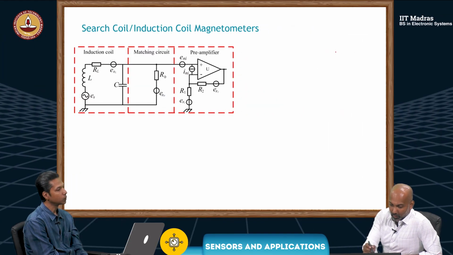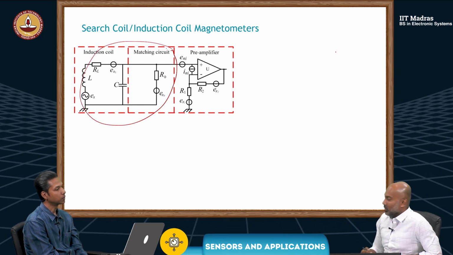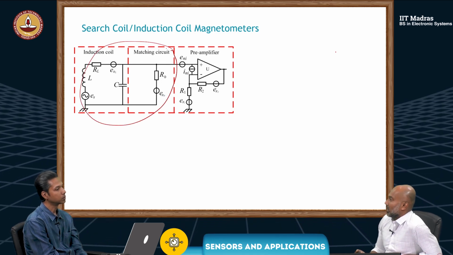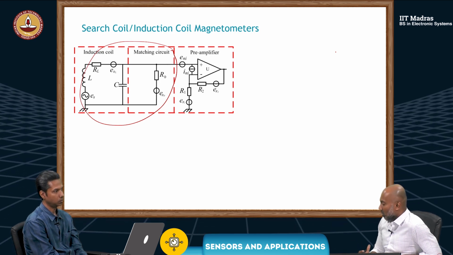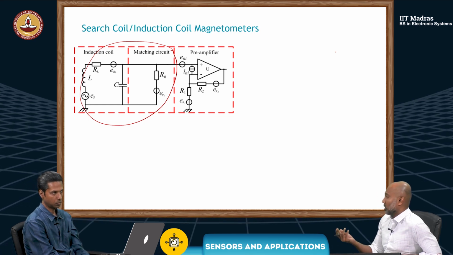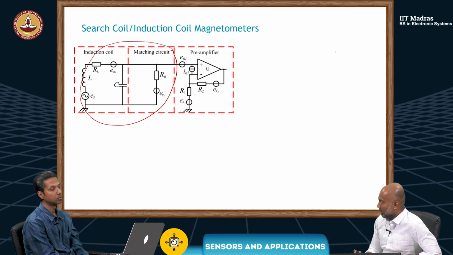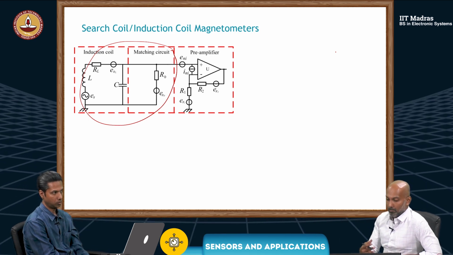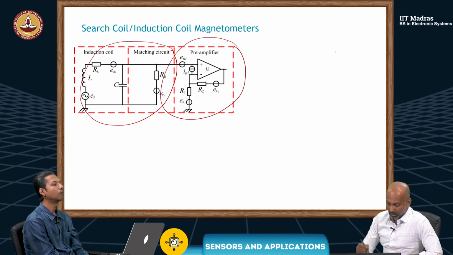Now, we studied about this part, right? Generally what happens is you get a signal and you normally have to somehow amplify that signal, because your signal could be very small. So let's say now you connect your output to a pre-amplifier.